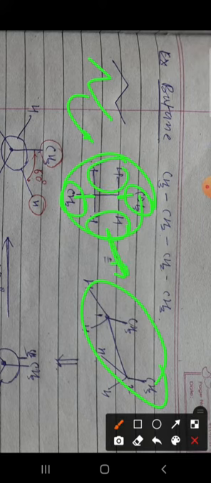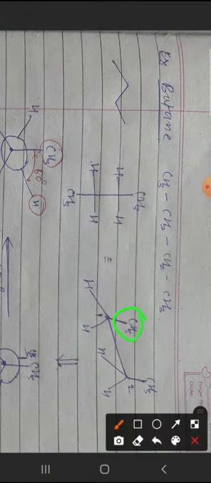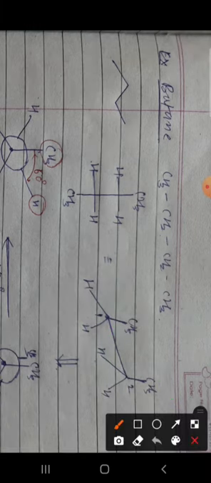I'm changing this to the Sawhorse model. Actually this is below and this is above, so I'll rotate this by 180 degrees, so this will come above, and hydrogen will come below the plane. Same structure.